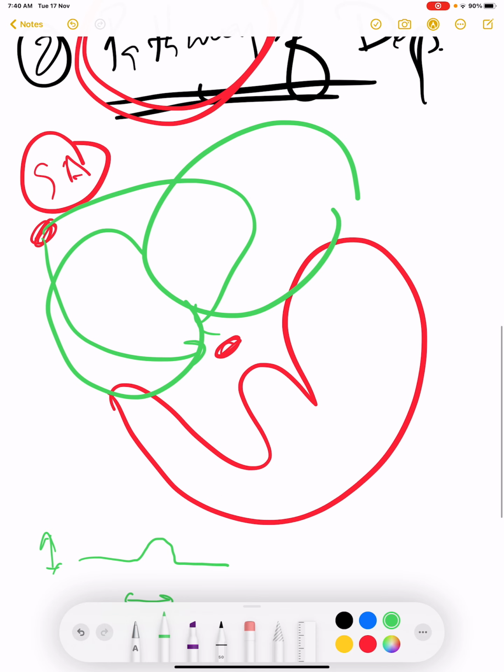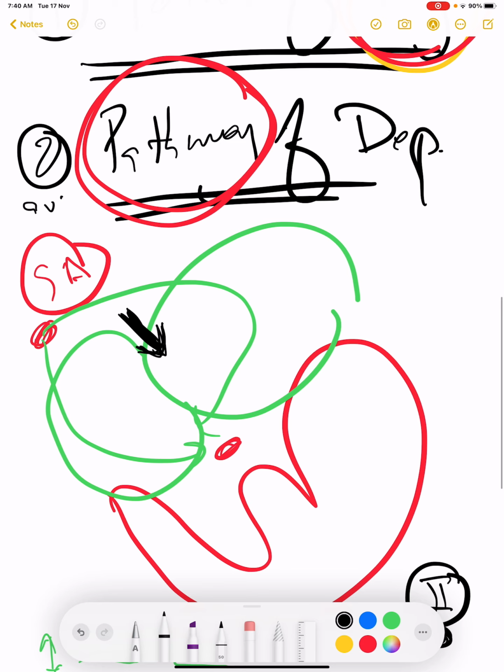And because when the atria are depolarizing, our direction of depolarization will be on this side, and we know that we have lead 2 over here and aVR over here.